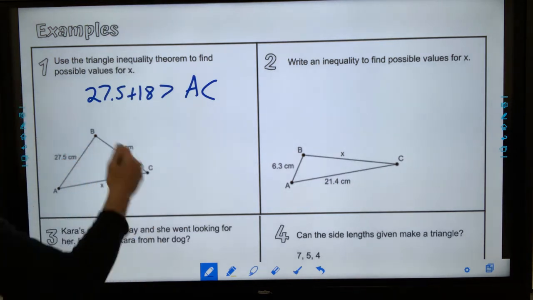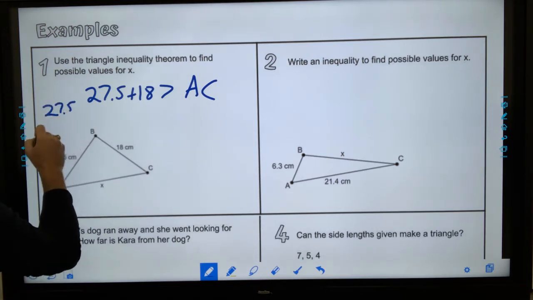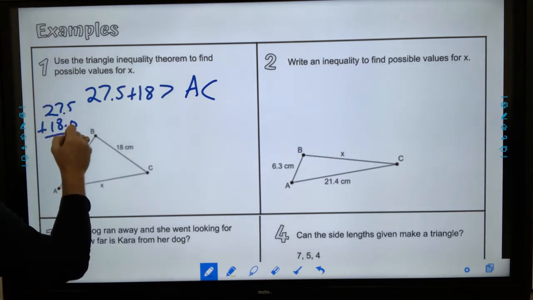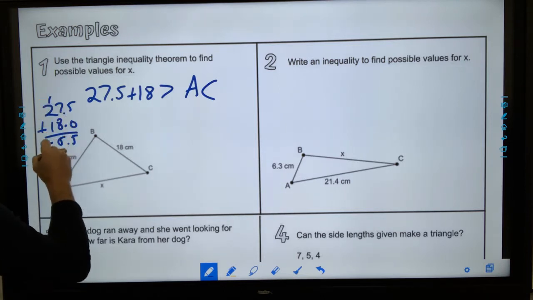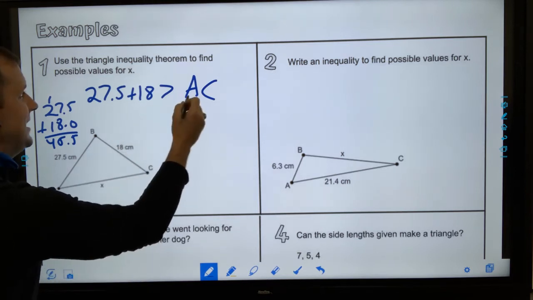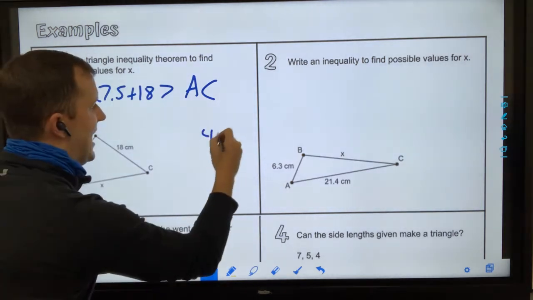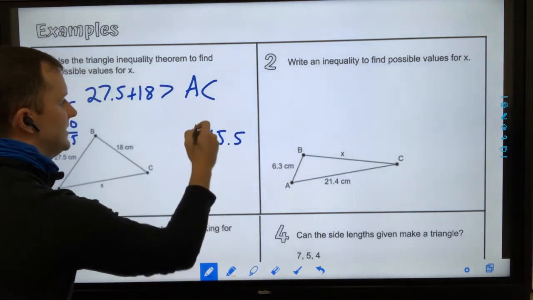So 27.5 plus 18: bring down the 5, we got 5, 1, we got 3, so it should be 45.5. That means AC cannot be greater than 45.5.